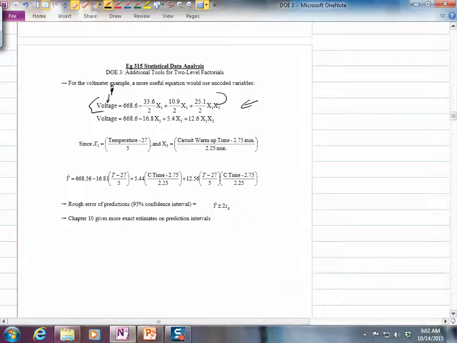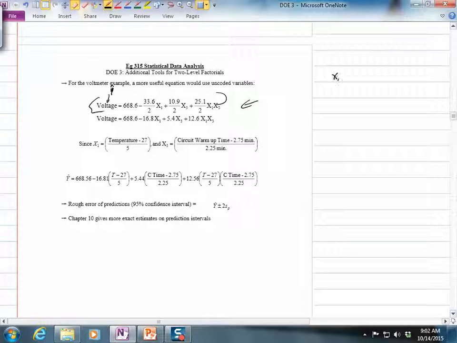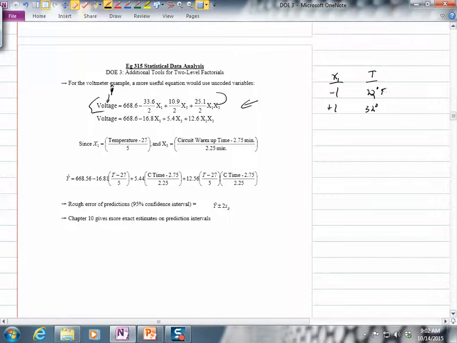So in this example, if you remember, the coded value for x1 corresponded to temperatures of 22 and 32 degrees Fahrenheit. Probably Celsius, if we're talking room temperatures. So those are the coded values.